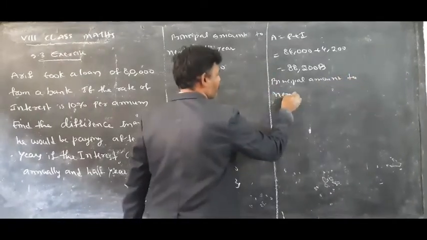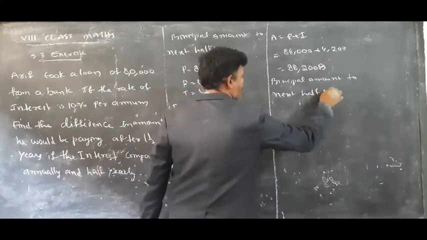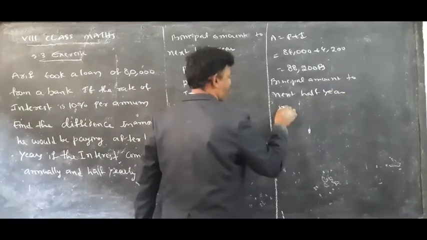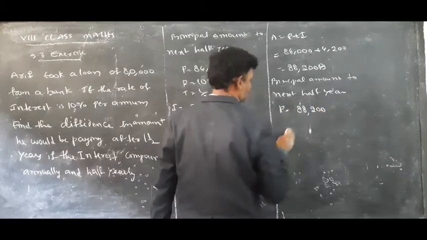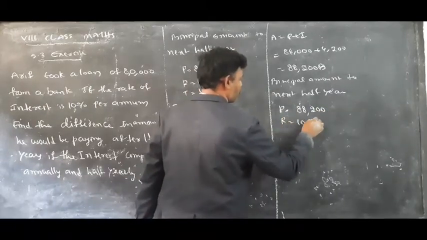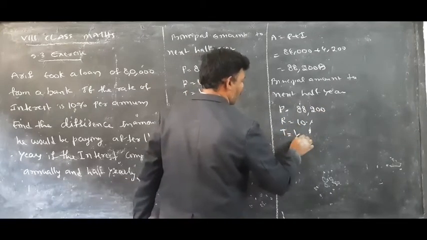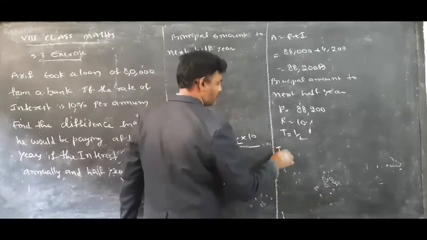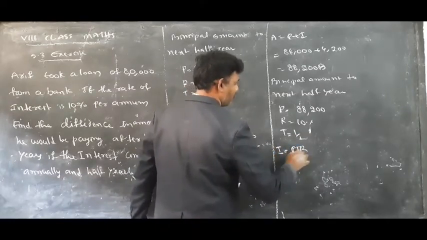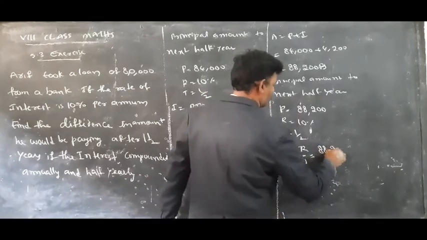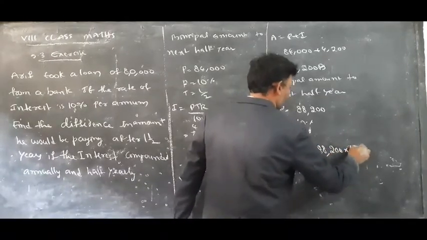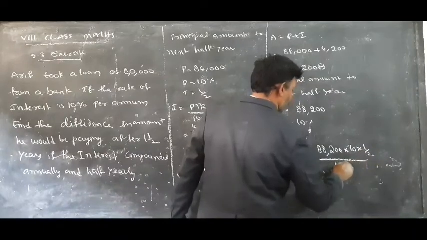Next half year: P is equal to 88,200, R is equal to 10%, and T is equal to half year. I is equal to PTR by 100, which is 88,200 into 10 into half by 100.